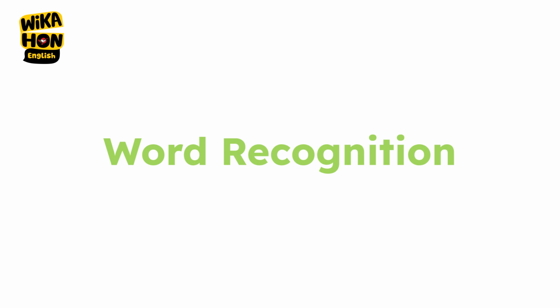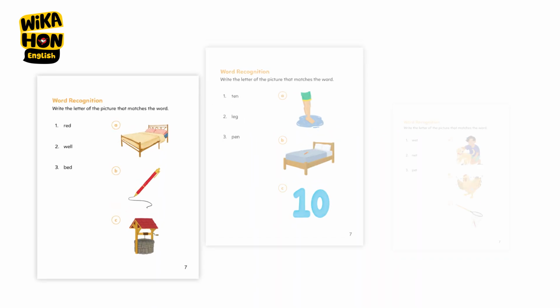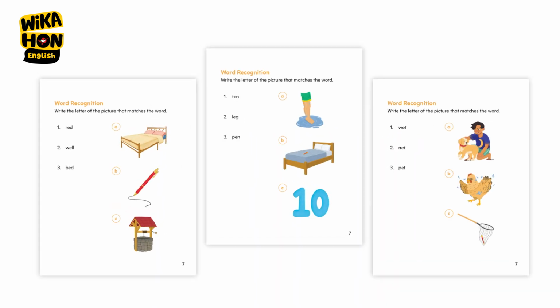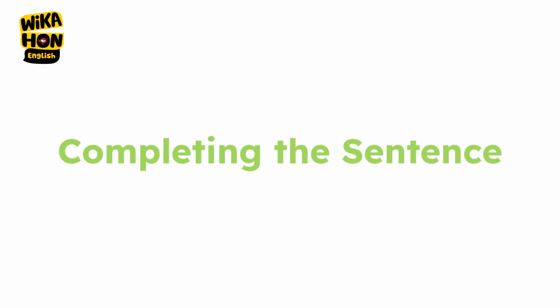Word recognition. Word recognition activities aim to help students decode simple words independently using the blending techniques they have learned and associate the words with corresponding pictures. This in turn supports vocabulary expansion as students begin to read on their own. Completing the sentence.